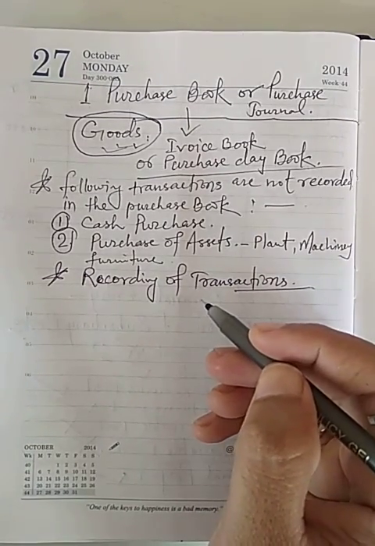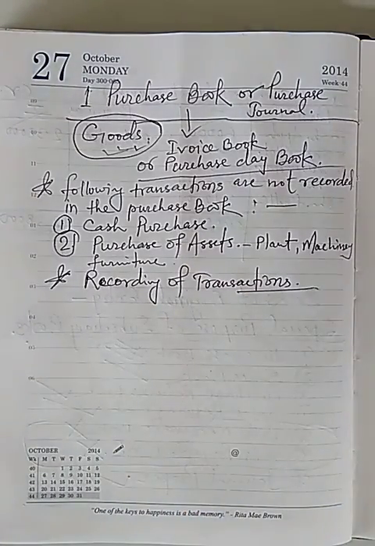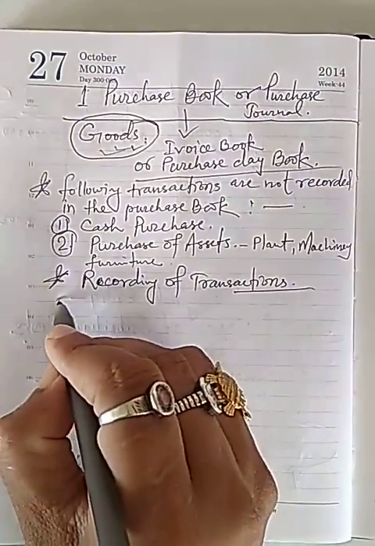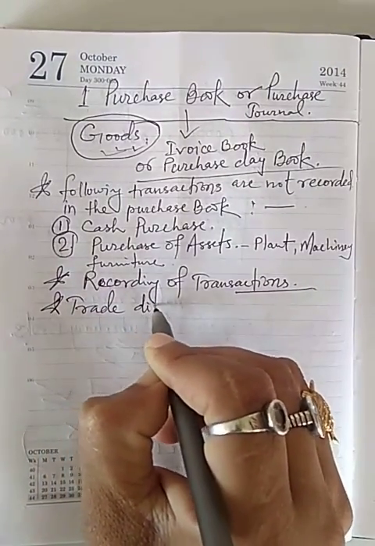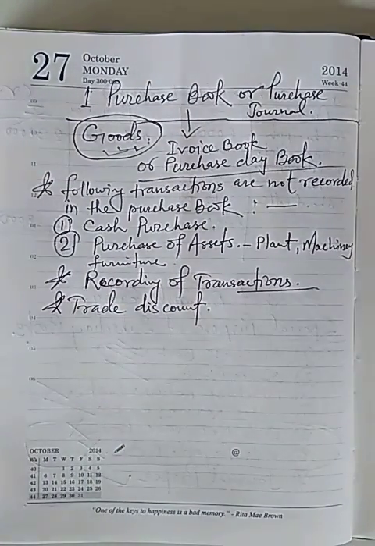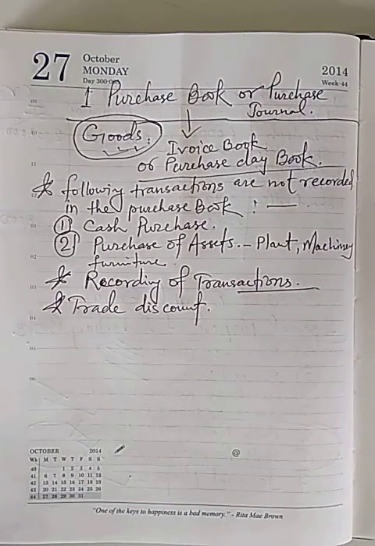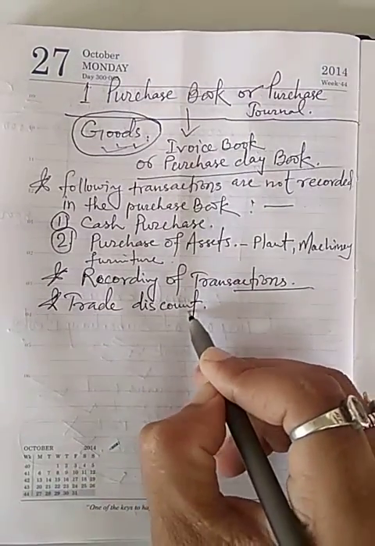Let us see it through an example. Trade discount: the amount of purchase to be recorded in the purchase book is always arrived at after deducting trade discount.